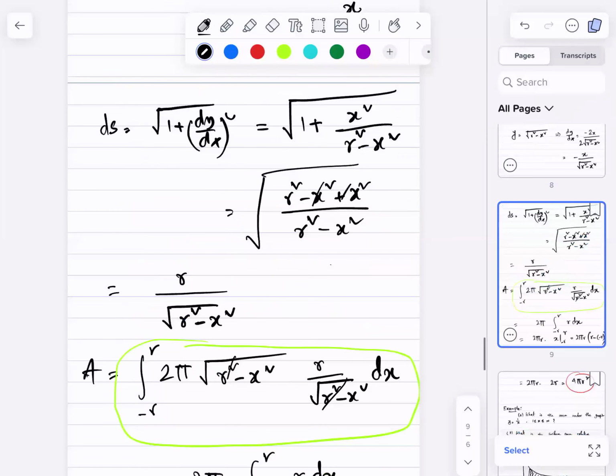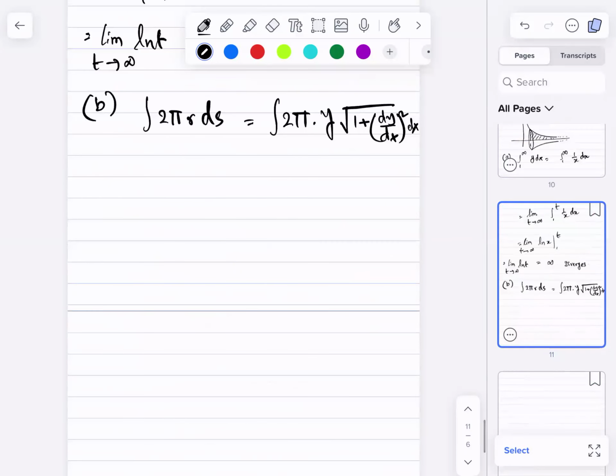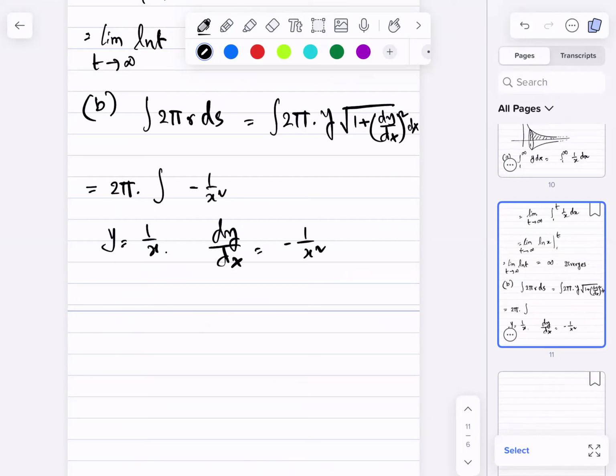Going back there, this will be 2 pi times the integral. What is y? Remember, y was 1 over x, so dy over dx is just minus 1 over x squared. So the integral of y, which is 1 over x, times the square root of 1 plus (minus 1 over x squared) squared, dx.